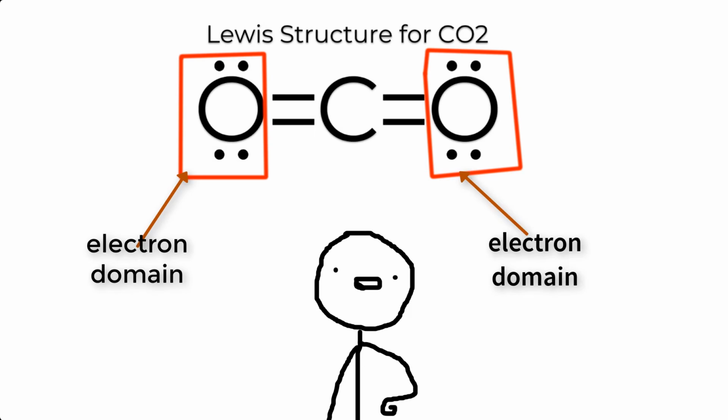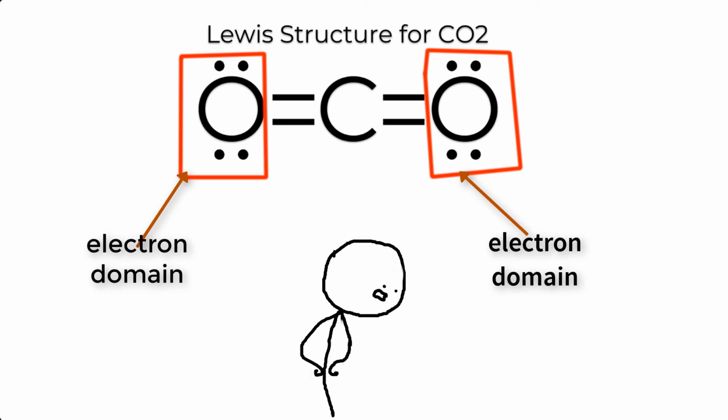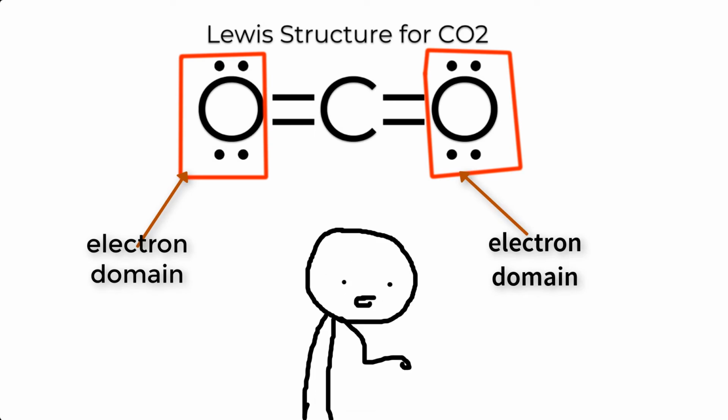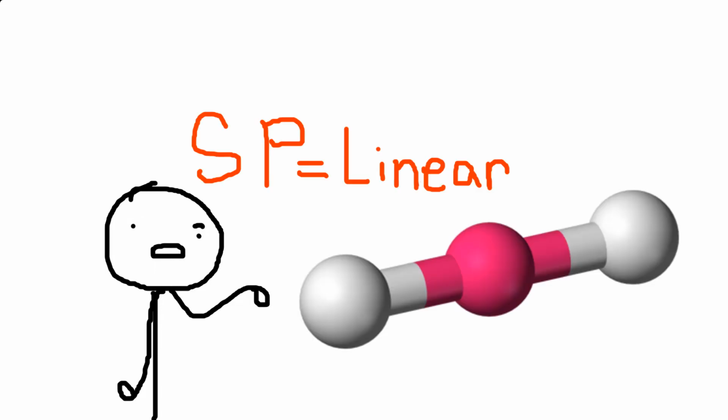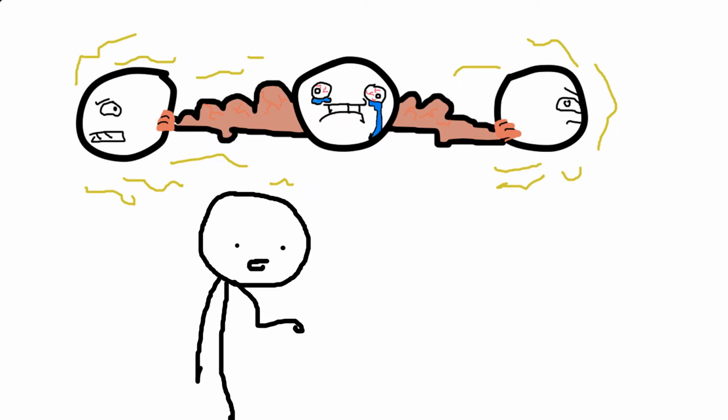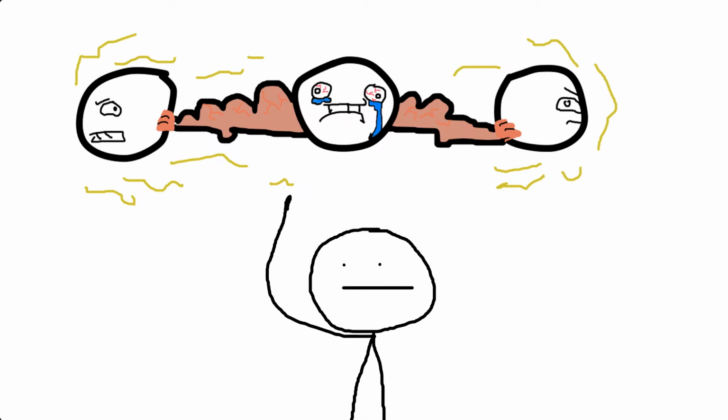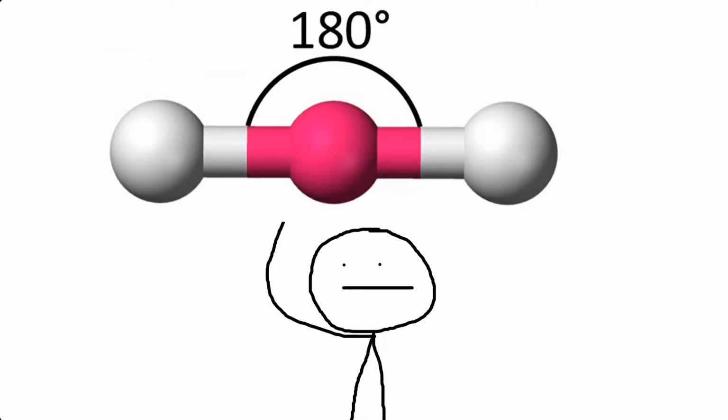You can count the electron domains and use that many atomic orbitals to describe the hybridization of the central atom in a molecule. For each energy level, there is 1 s, 3 p's, and 5 d's. So in our example, we can just use 1 s and 1 p for these electron domains. Everything that is sp hybridized is going to show a linear electron domain geometry, because this shape is the furthest away these atoms can get from each other while being bound to carbon, which shows a 180 degree bond angle.